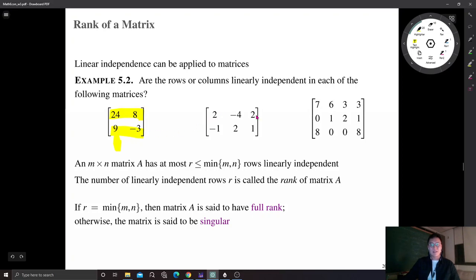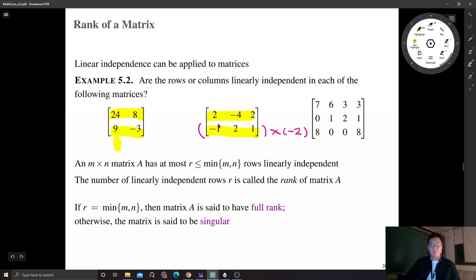And in the second example, we have a 2 by 3 matrix, and so two row vectors defined in three-dimensional space, right? So in order to express the first row vector as a scalar multiple of the second, we need to multiply the second row vector by -2, right?